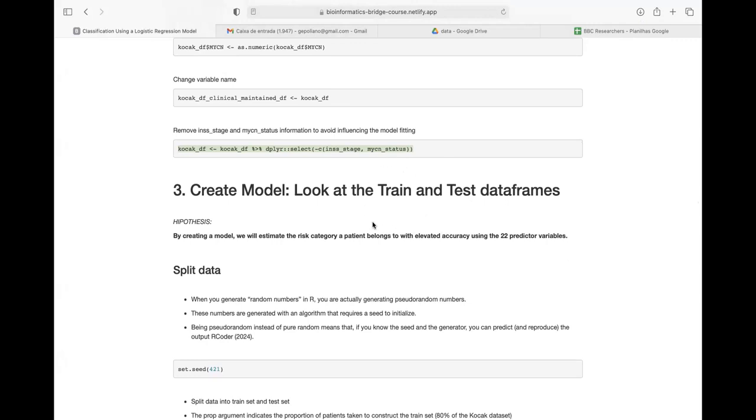So in the train data frame, I'm going to have R look at the high-risk patients and the low-risk patients and understand what pattern exists there that makes them high risk and which patterns make them low risk.